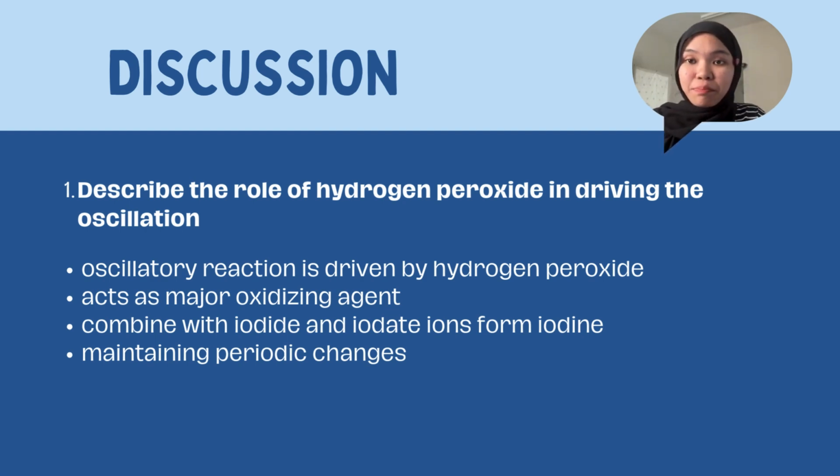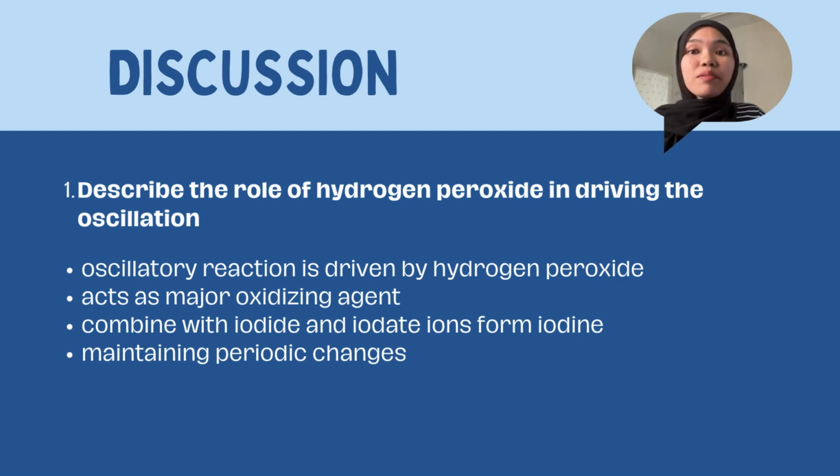explain the discussion part. For question 1, describe the role of hydrogen peroxide in driving the oscillations. Hydrogen peroxide is the primary oxidizing agent in the reactions. It reacts with iodide and iodate ions in acidic conditions to produce iodine. This iodine is responsible for the color change to blue-black when it reacts with the starch.